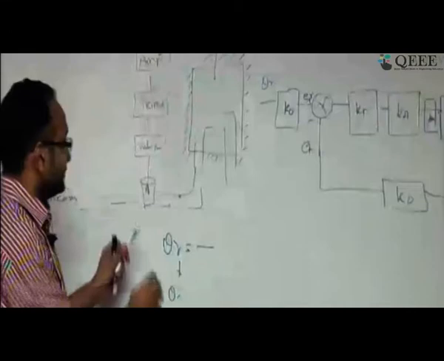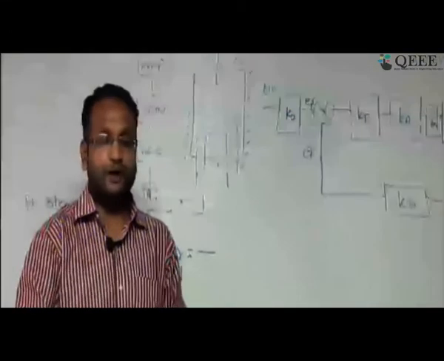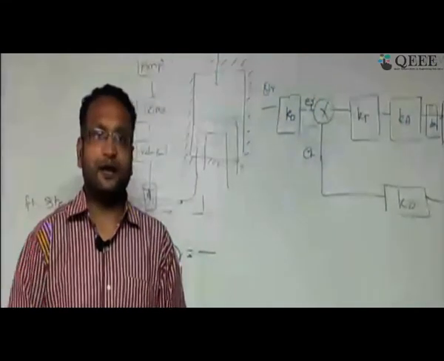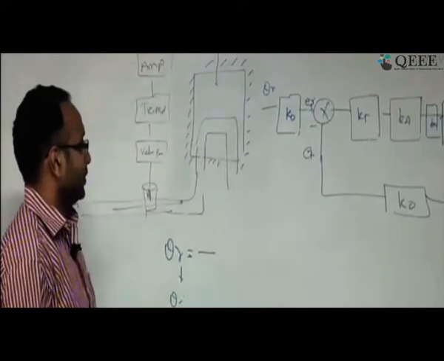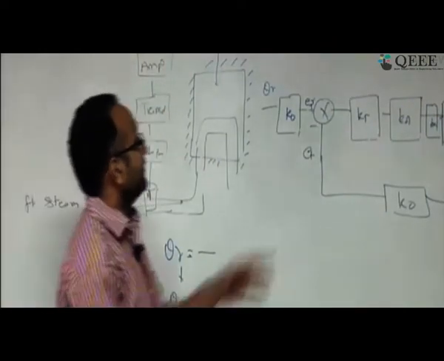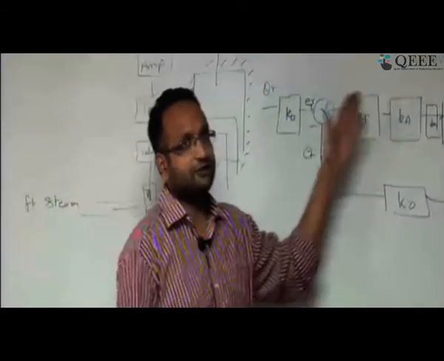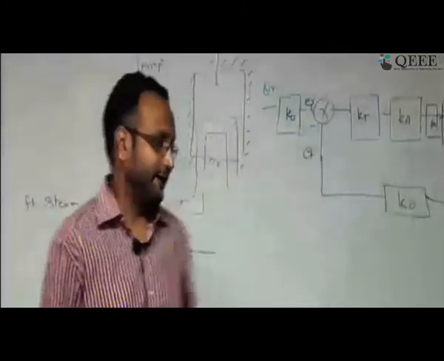If there is a difference, then an error will appear, and we have to work in such a way that we take the valve position upper side or lower side, so that we can control the flow of the steam. Okay, so don't think that when the error is 0, it means that no signal is flowing. Actually, when the error is 0, it means a steady state input has been provided.